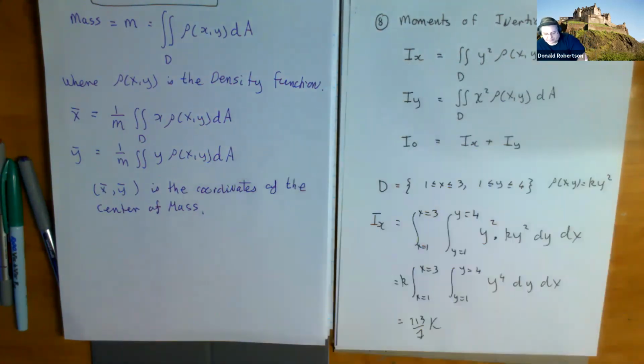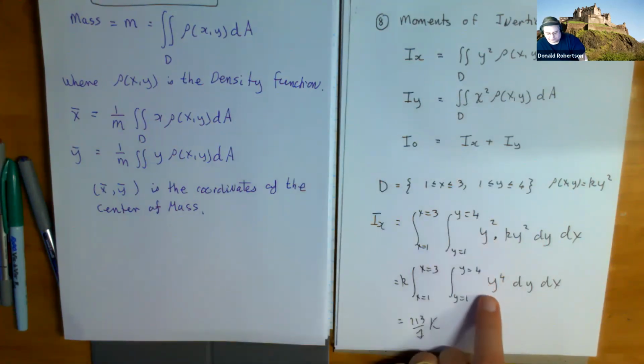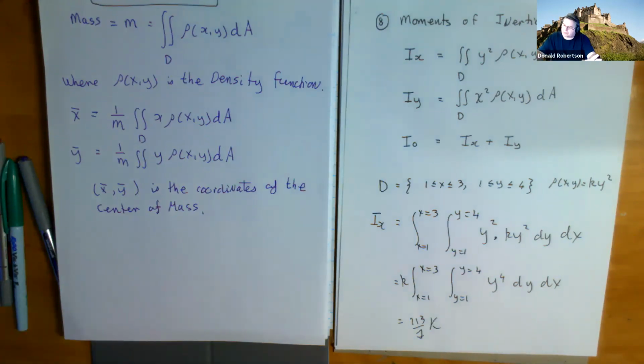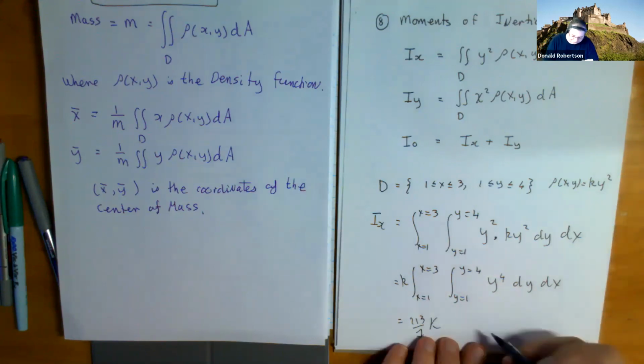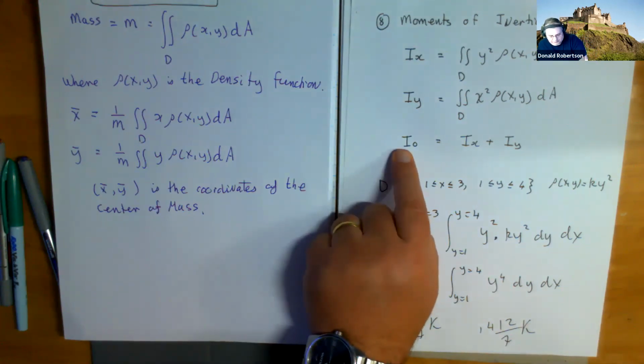So I get Ix. If I want to get Iy, don't I just replace that by x squared? Variable separable, so separate them into two nice integrals. And I'll get, I don't know, 412/7 k. And what does I naught mean? Does that mean overall moment of inertia?